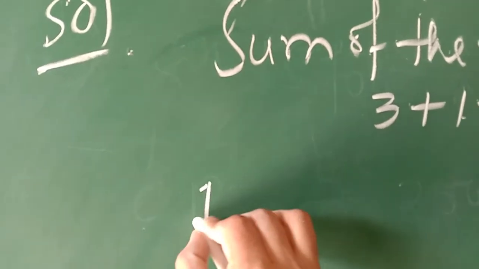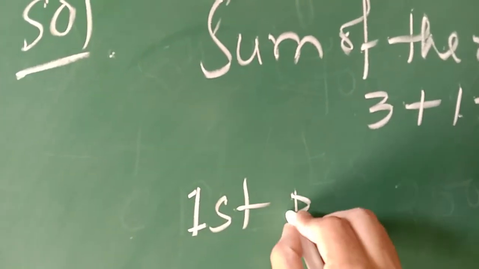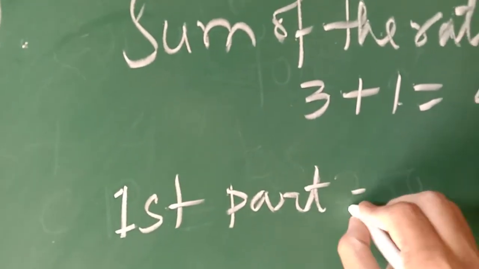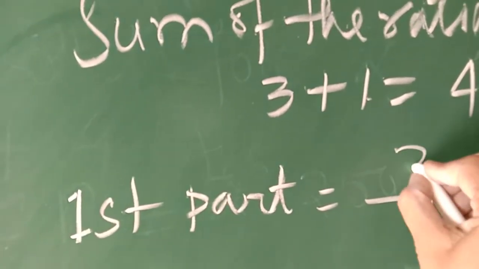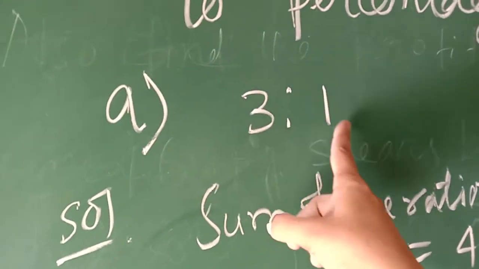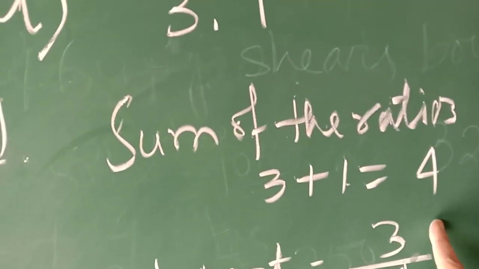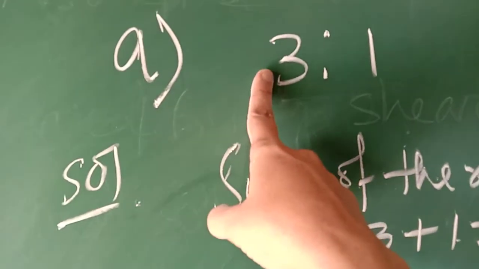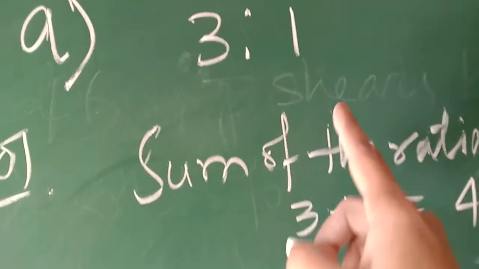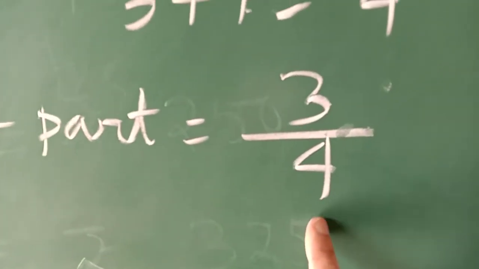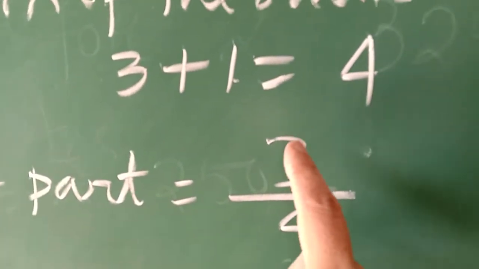First part is 3 out of 4, the total summation of the ratio 3 plus 1. Out of 4, first part got 3 and second part got 1. So out of 4, 3, it is a fractional form.